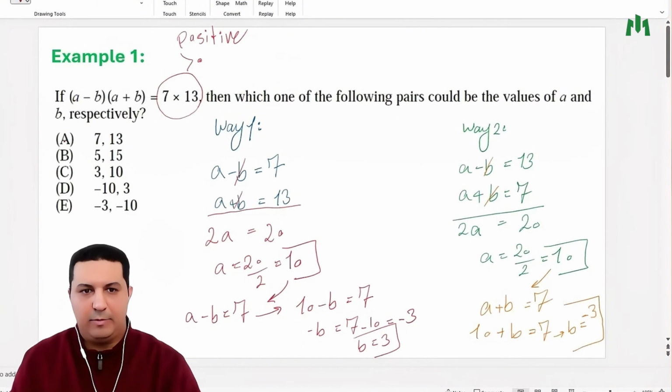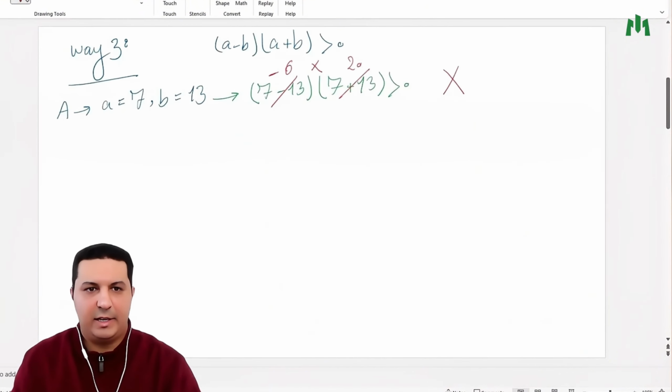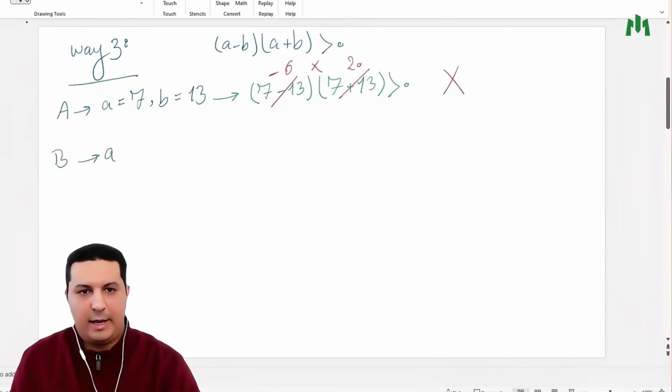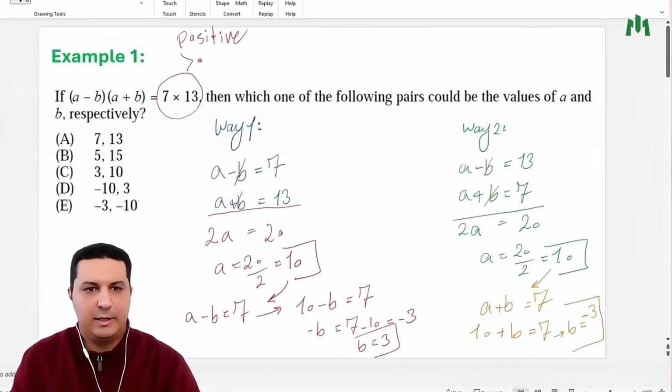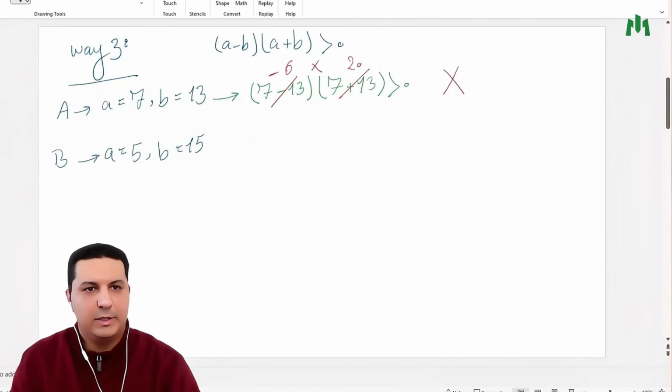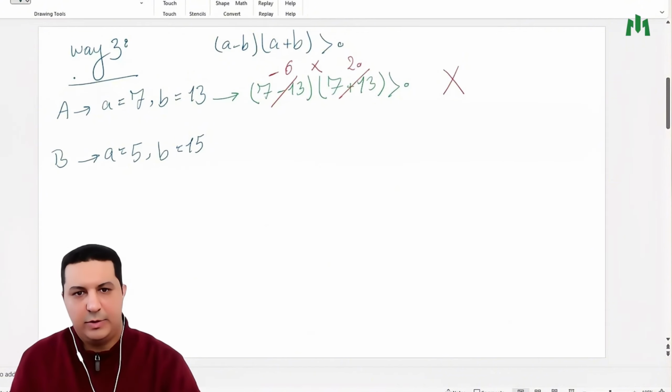Let's check B. Option B said A can be 5 and B can be 15, I think. Yes, 5 and 15. So we are going to check this part too.